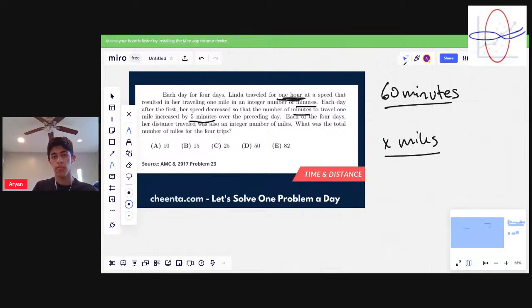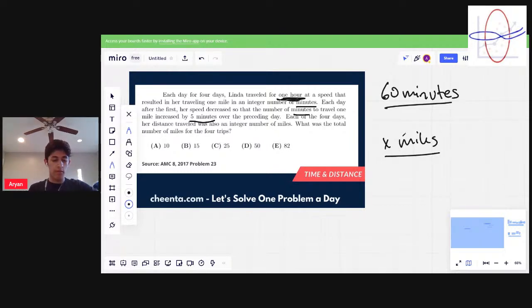If we read this carefully, because it is a bit of a mouthful, the problem is saying that each day after the first, her speed decreased, and we also know that she travels 1 mile in an integer number of minutes.